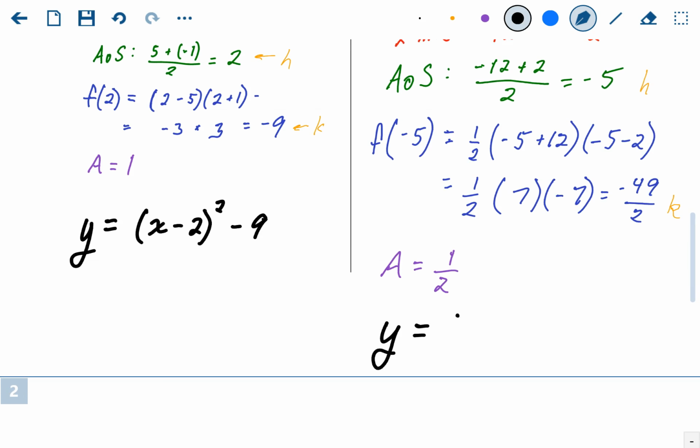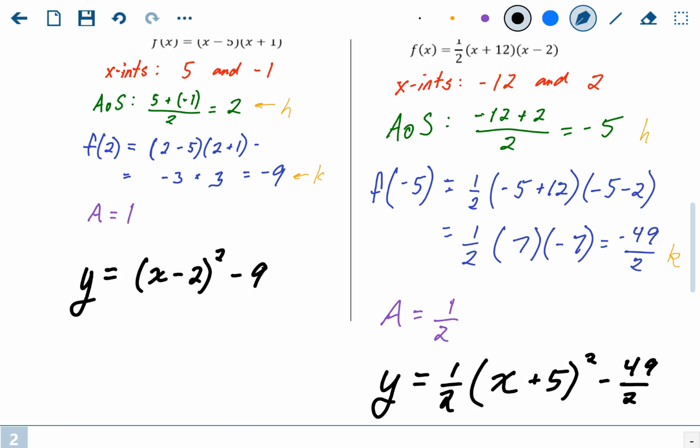Y equals a, 1/2, times x minus h. Now again, this one's minus negative 5, so plus 5, squared, and then plus k. In this case, minus 49 over 2. Not as pretty as other ones, but it's vertex form.